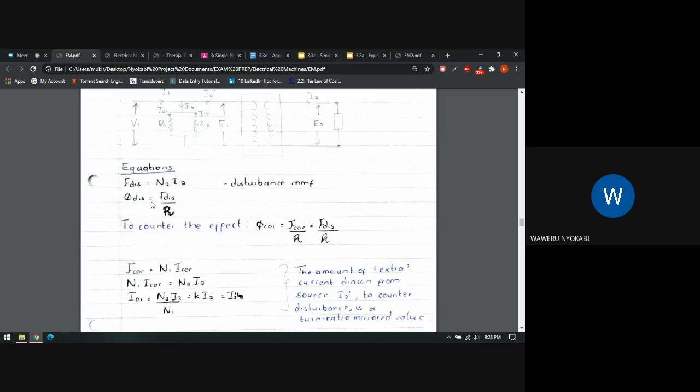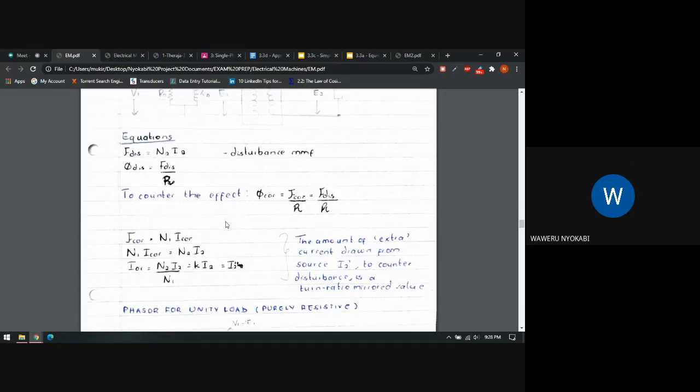And the flux caused by that disturbance is the disturbance MMF over reluctance. So you remember these formulas from first sem. Then remember that the flux that's supposed to correct this disturbance is supposed to be equal to it. It's opposing, it's equal, so it removes it.